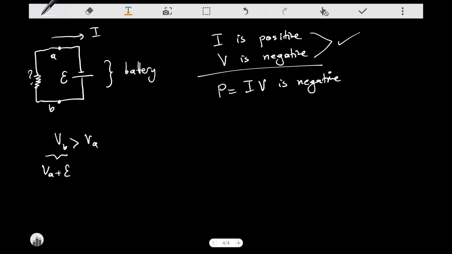The power that goes into the battery is negative, which means negative energy goes into the battery, which also means that the battery provides energy to the rest of the circuit. So the rate of change of the energy of the battery in that case is negative, which means the battery is providing energy to the circuit.